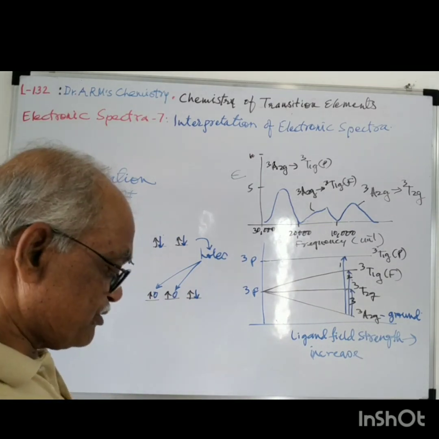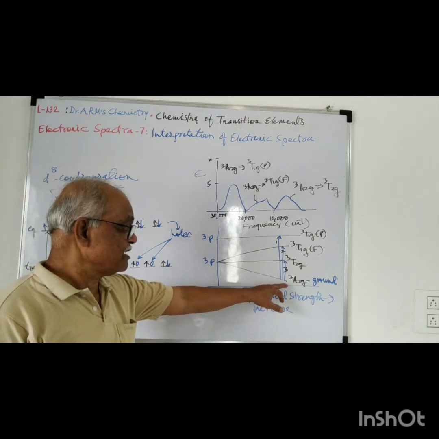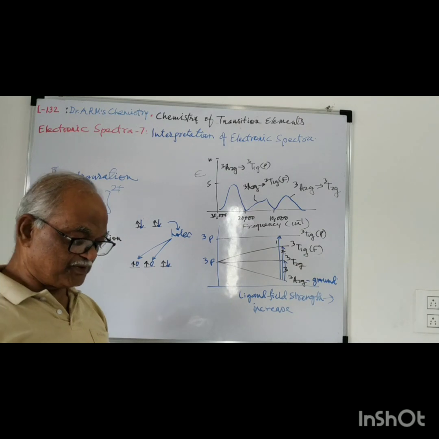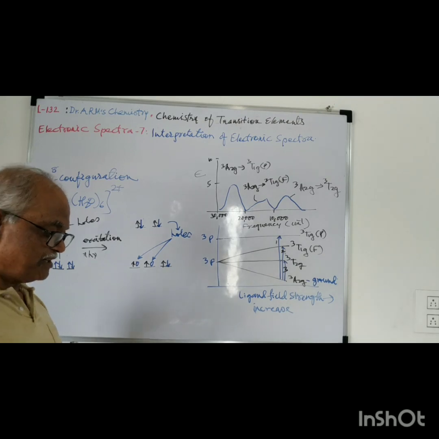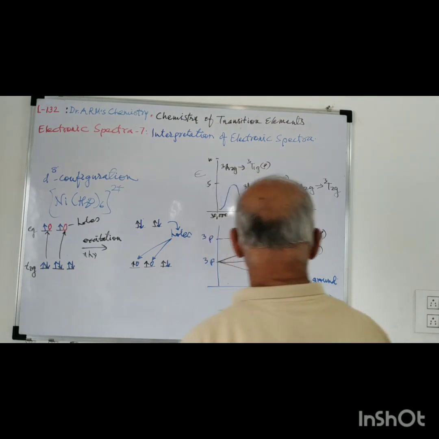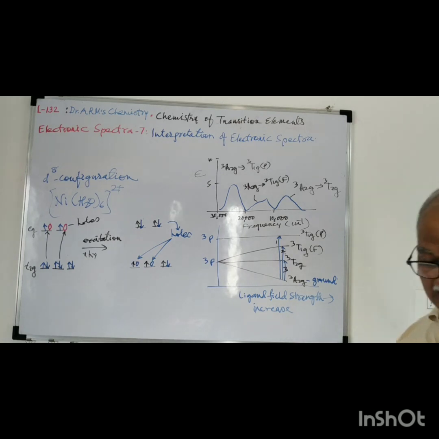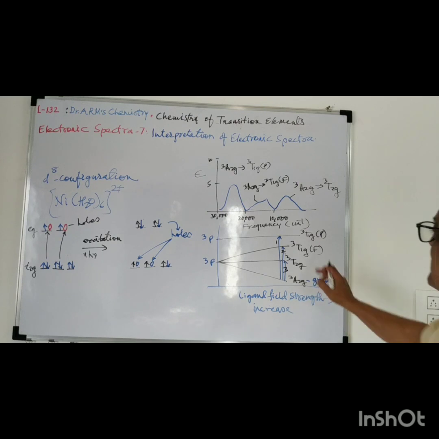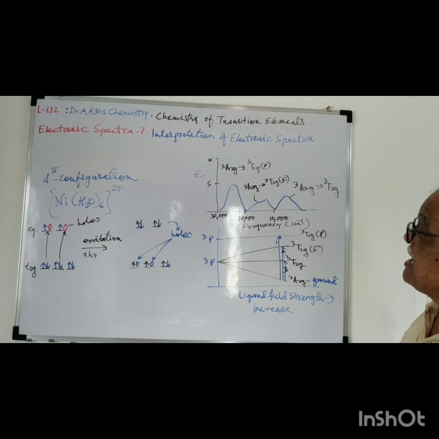Ground state, as we have shown here, is triplet A2G. In both cases the ground state is the same, but it is low energy. In this way we can show that the transitions corresponding to these states are clearly separated by the three absorption bands.